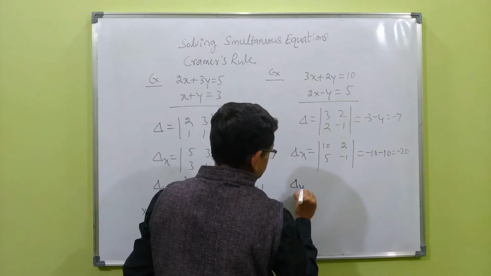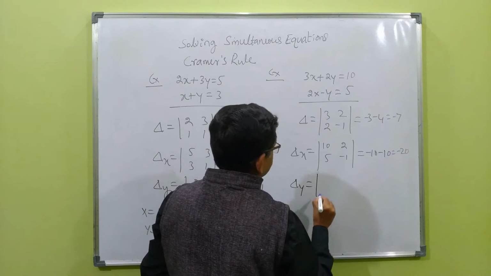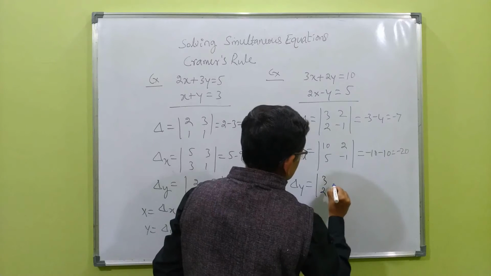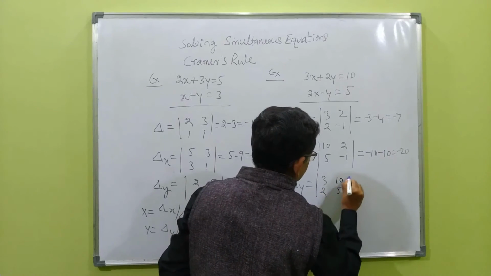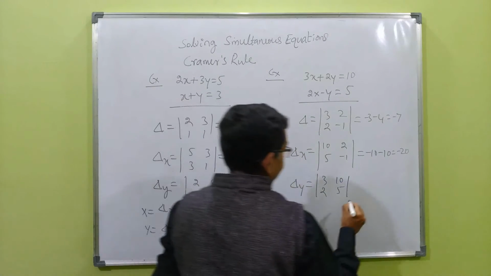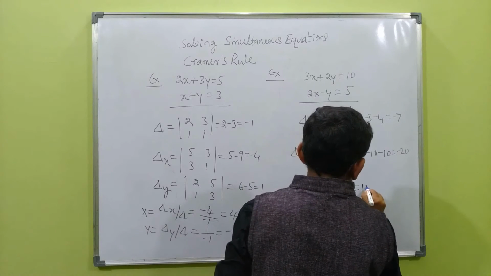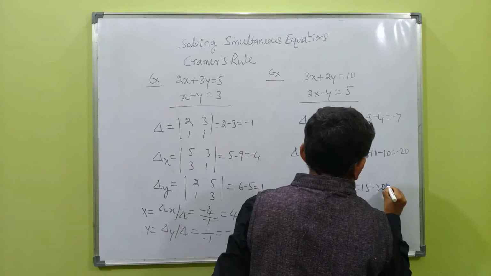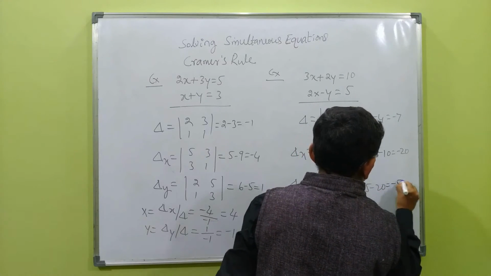Delta y will be 3 and 2, 10 and 5. So 15 minus 20. 15 minus 20 is minus 5.